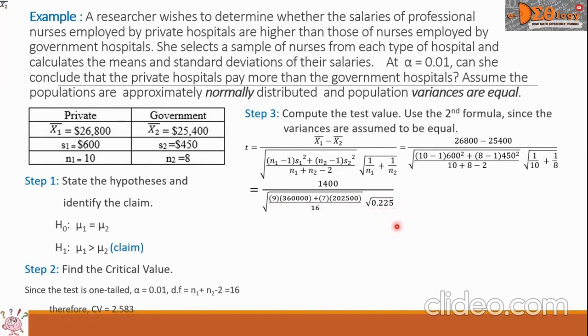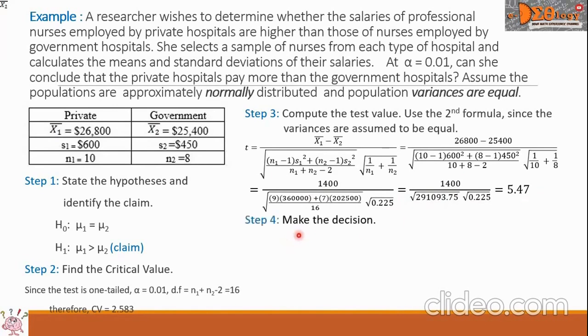Let us now simplify the denominator. So we have this square root of 291,093.75 for the first radical. And the second radical, we will simply copy from here. And then we will get the quotient, and we have this final answer to be 5.47. This is the test value.